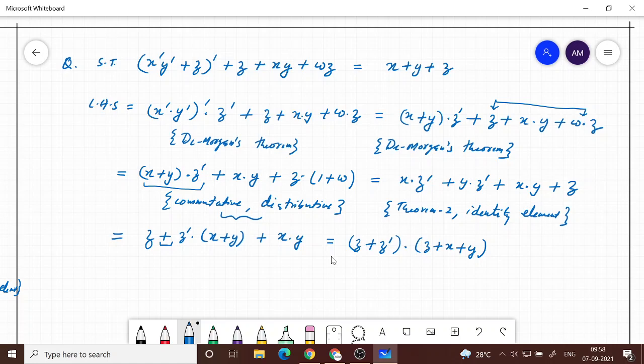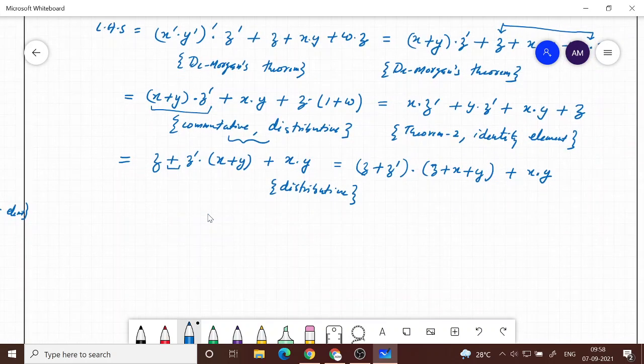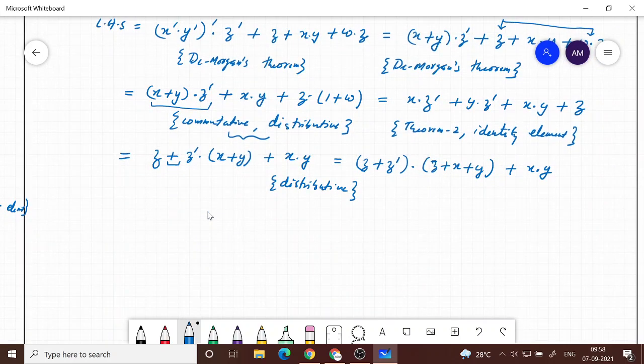So I get these two terms, and then I had x dot y. Now, so this is again just a distributive property. So this I have written for both, and then this is basically one dot.